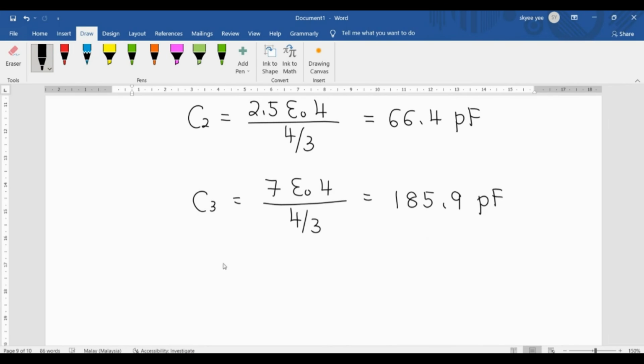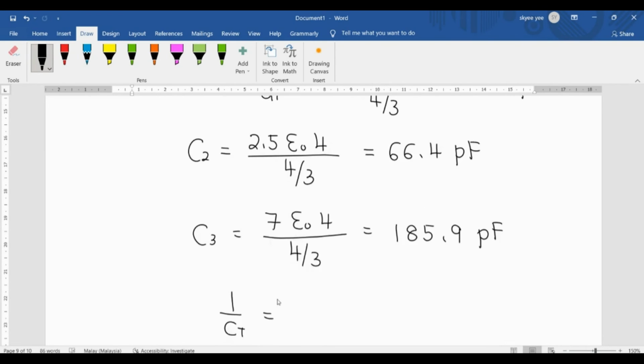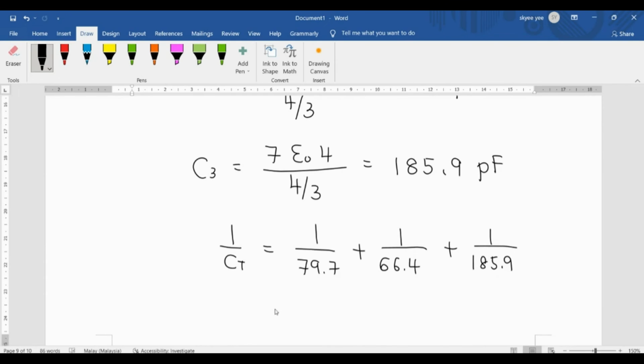So now you can calculate this CT. I take out the pico when I do these calculations, and the one you get is 1 over CT.